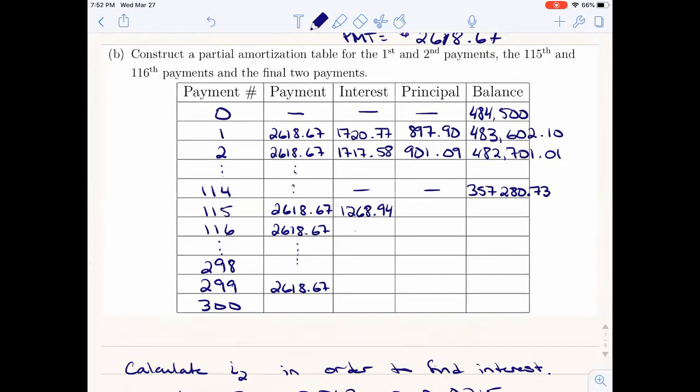And so 2618.67 minus 1268.94 is 1,349.73. Then 357,280.73 minus 1,349.73. Hey, nice, and even: 355,931.00, I'll say.